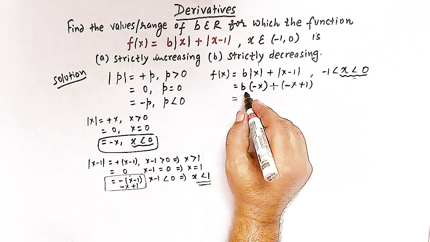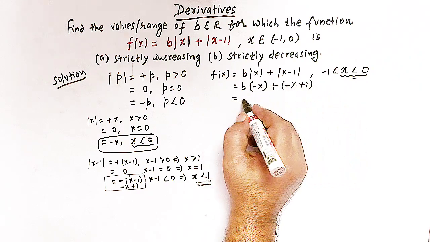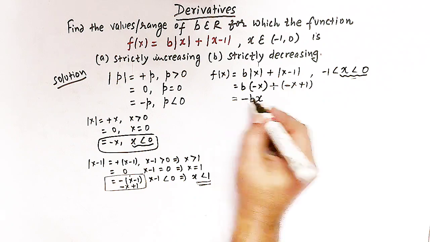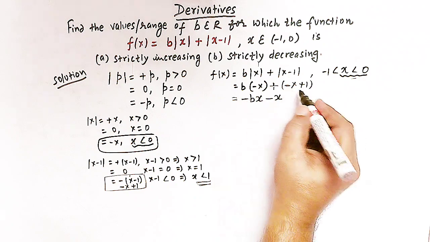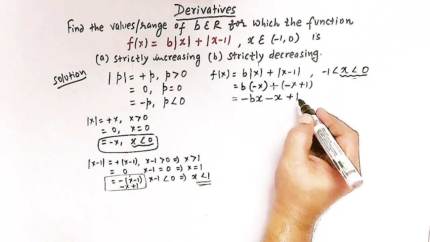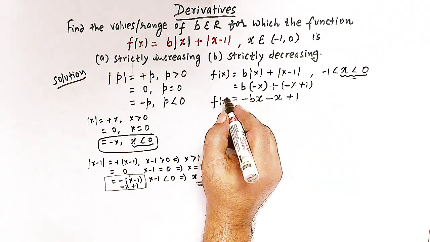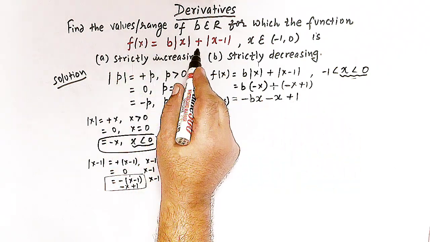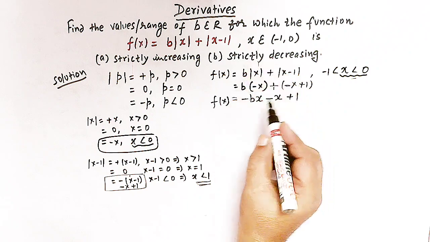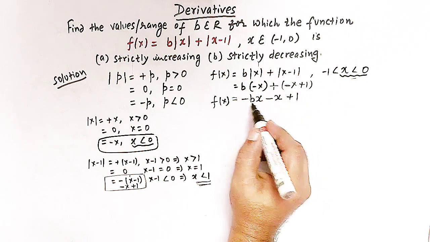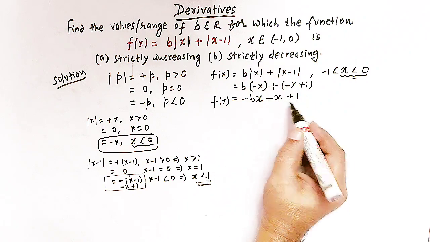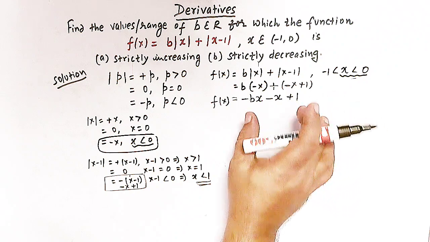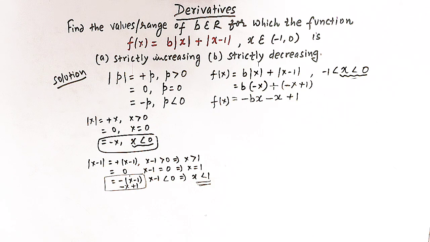Now we can rewrite this function as minus bx, and here we have minus x plus 1. The modified form of f of x in this interval is equal to minus bx minus x plus 1, and this is a linear function.